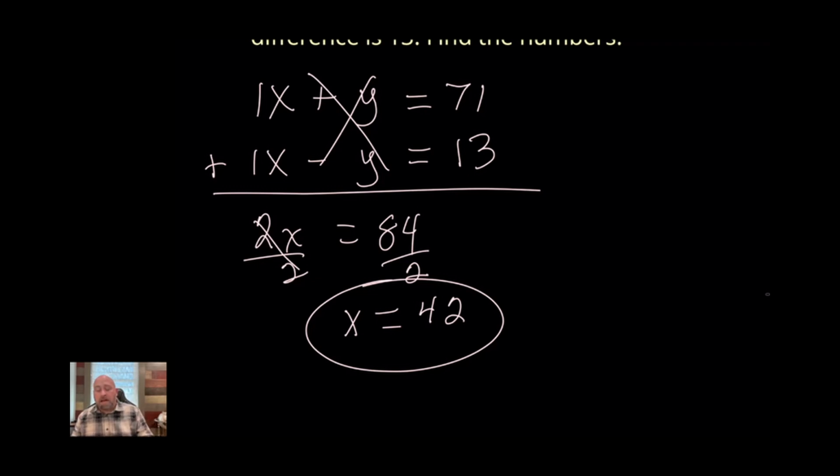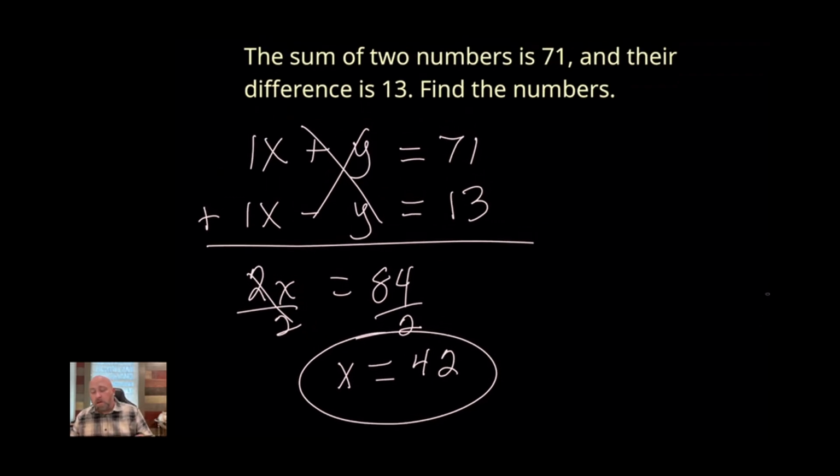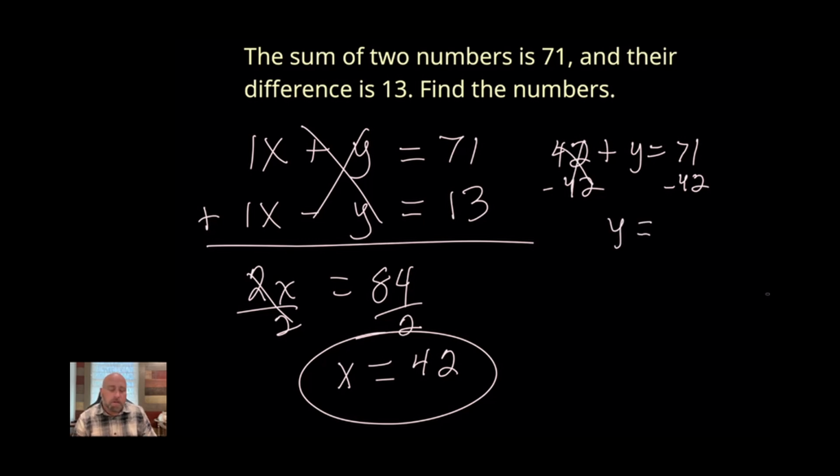Okay, now the way that you would check this, now that's x. Remember, we have to have y as well. So the way that you get y is you just plug it back in really to either one of these. So 42 plus y equals 71. We're just going to subtract 42 from both sides, and that's going to give us our y. Y equals, and when we do that, we get 29. So y equals 29. Now, to check those, let's use this one.